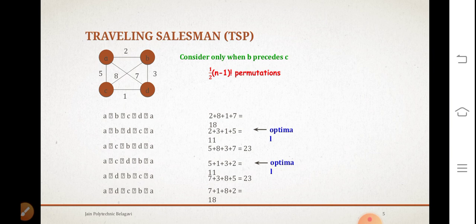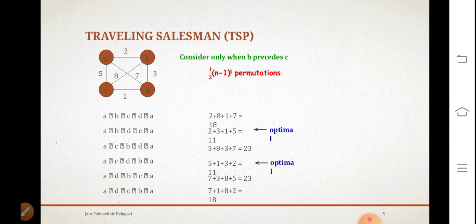Once we start from city A, we have to visit all the other three cities, B, C and D, exactly once, and come back to where we started, that is vertex A. Initially we travel A to B, then B to C, then C to D, then D to A. This is one possible way.